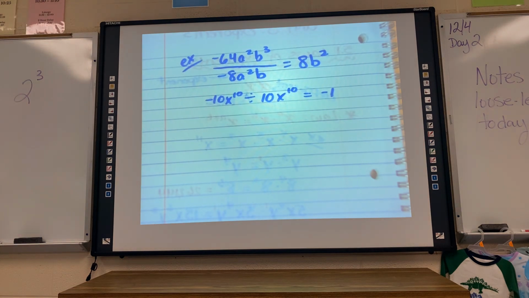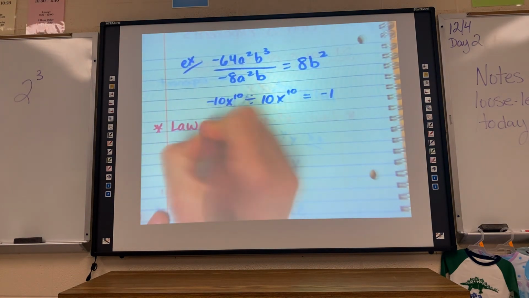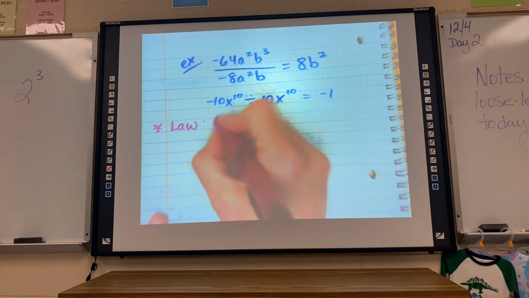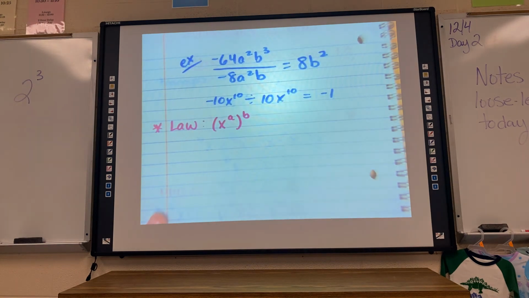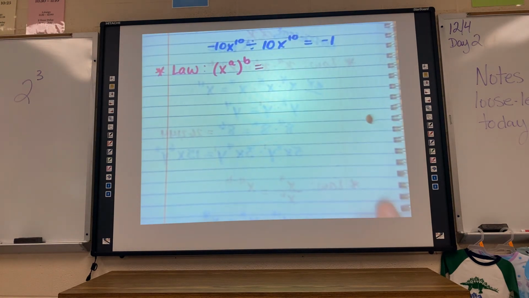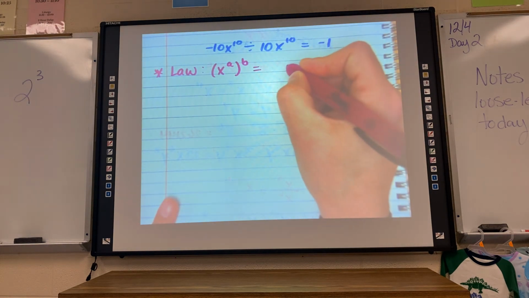Questions? Next law. What if you have a power raised to a power? So you have x to the a raised to b. Does anybody remember what that law is? Ava? Do you basically distribute, so you multiply them?